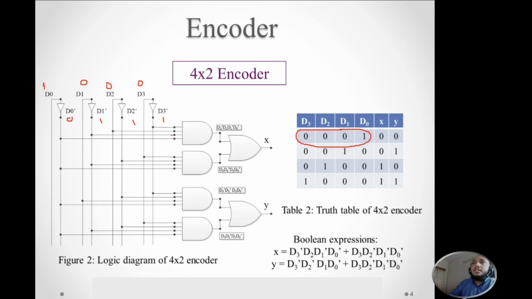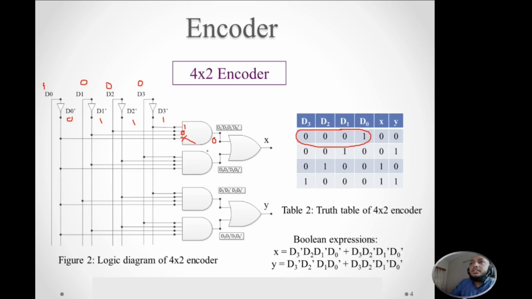When these are the inputs, d3 prime is here. We are getting d3 prime in this AND gate, so this is 1. Here we are getting d2, but d2 is 0, so we are getting 0 here. And if one input is 0 in an AND gate, we don't need to consider other inputs. The output will be 0.